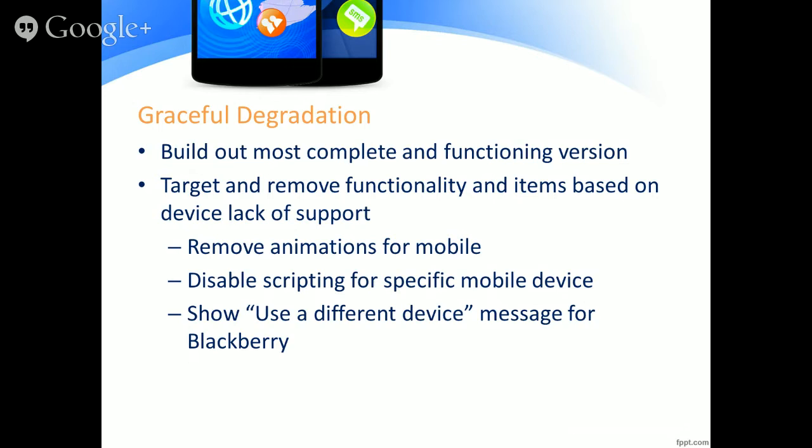So, removing animations for mobile, you'd seen graceful degradation where a website would build out a complete Flash site for a desktop and then remove all the Flash components so that they could have a quote mobile website. So that's kind of the difference between them. It's totally reversed from progressive enhancement, and this has been used from the days of IE support, because graceful degradation has been used to support old versions of IE since IE came out.